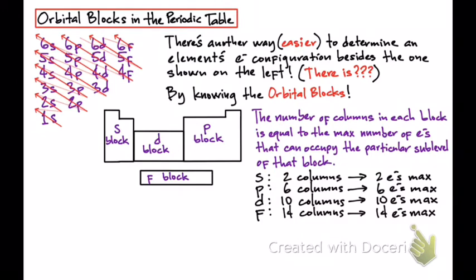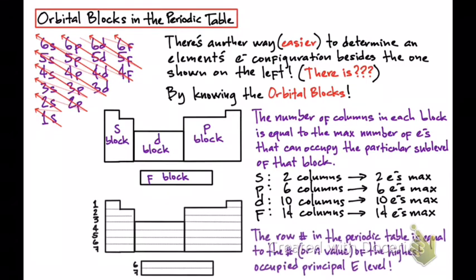It matches the rule regarding the maximum number of electrons that each of these sublevels can hold. An s sublevel can hold 2 electrons, and an f sublevel can hold a maximum of 14. When you look at a periodic table, the row number is equal to the n value of the highest occupied principal energy level.